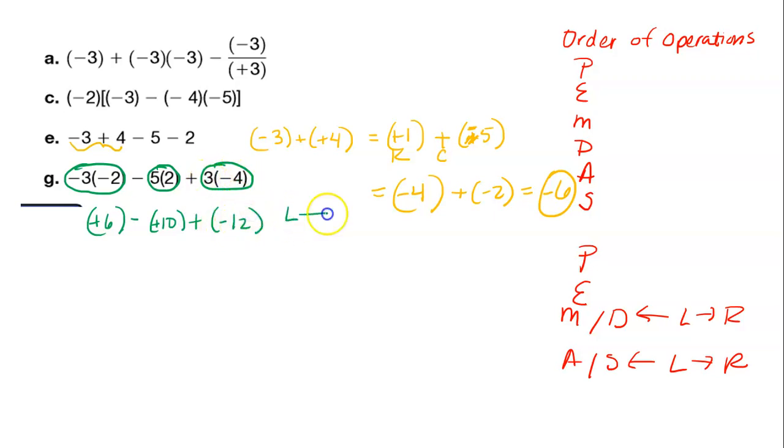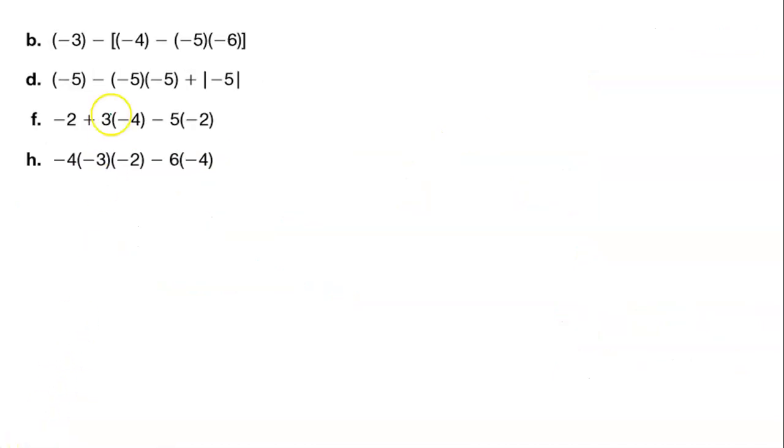Now we can go from left to right. So I have 6 minus positive 10. I'm going to keep, change, change. That's positive 6 plus a negative 10, which gives me negative 4, plus negative 12 gives me negative 16. All right, let's go to the next one.